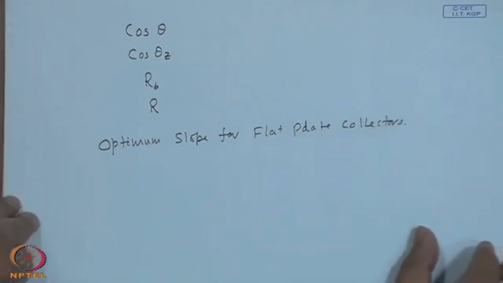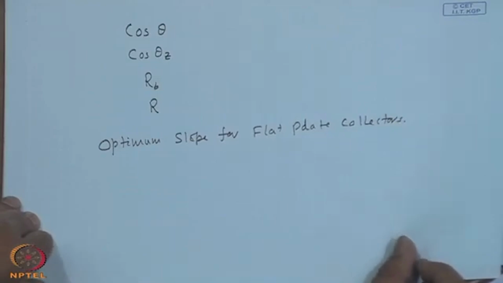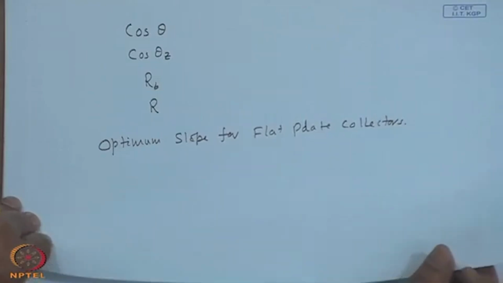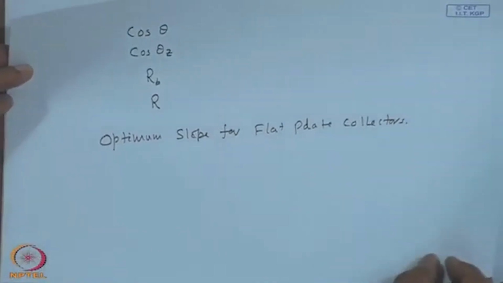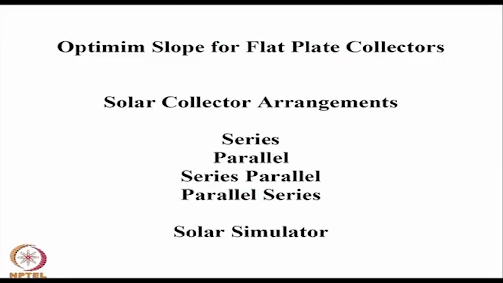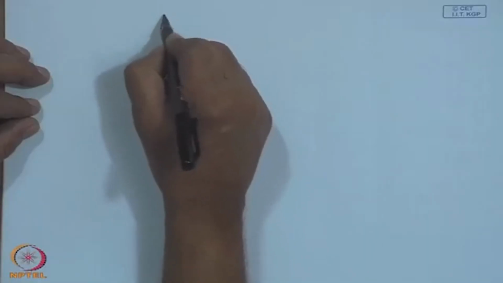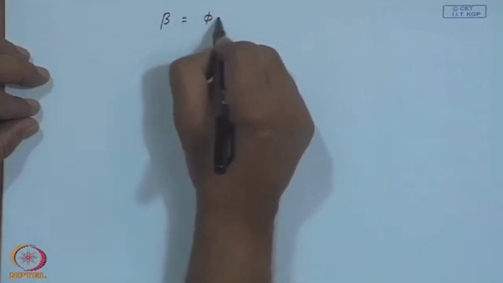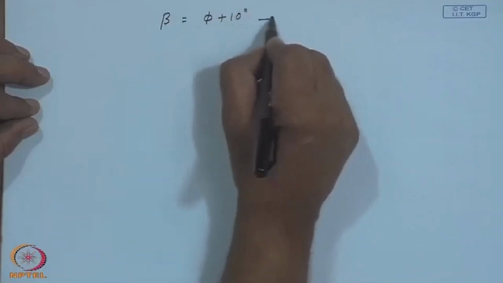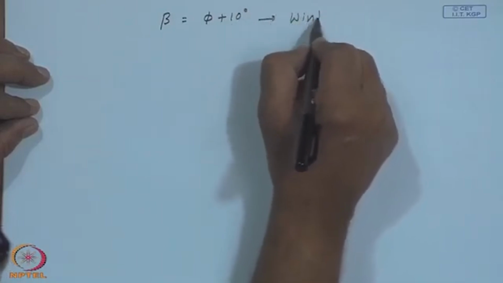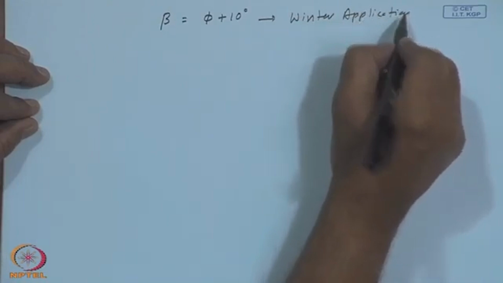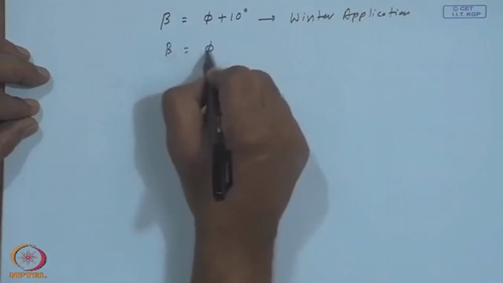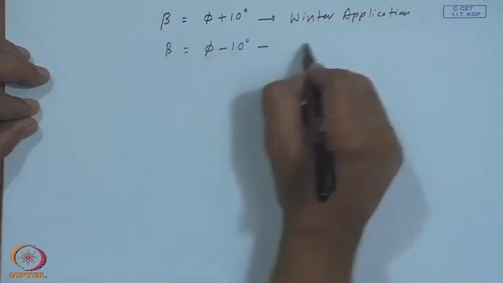So, these topics may not be very specifically written in most of the books, in fact, they have not been, but it depends upon how you look at it, what is meant by optimum, because often it is stated that your beta is phi plus 10 degrees for winter application in general, and beta is phi minus 10 degrees for summer application.